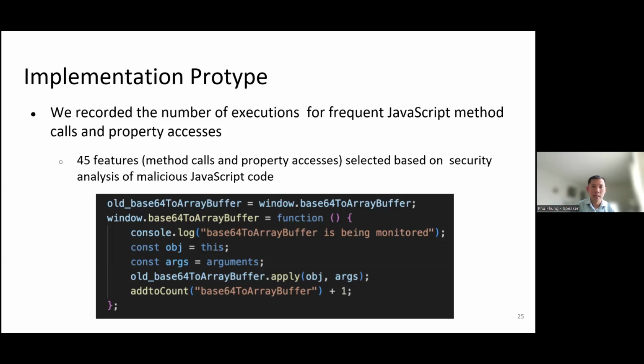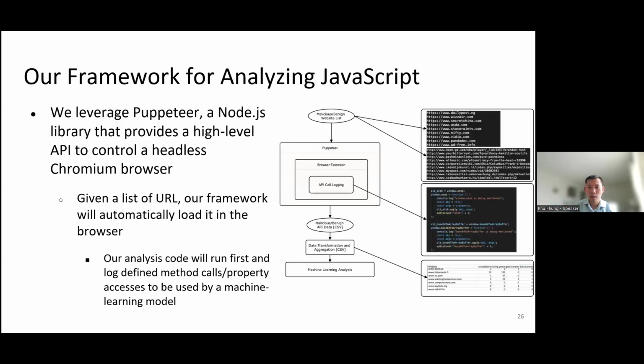So in the next slide, I show you the framework that we are using, right? So we have a sample of websites. I will show you later that currently we have 22,000 records of malicious websites and benign websites.